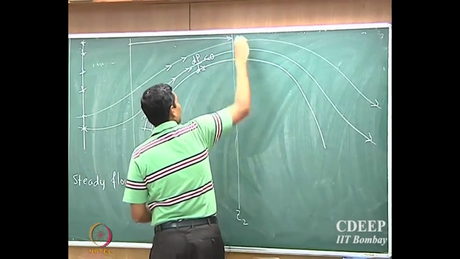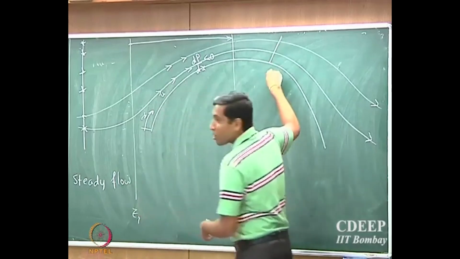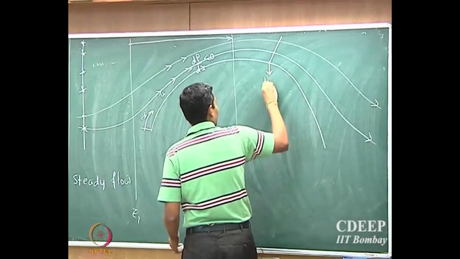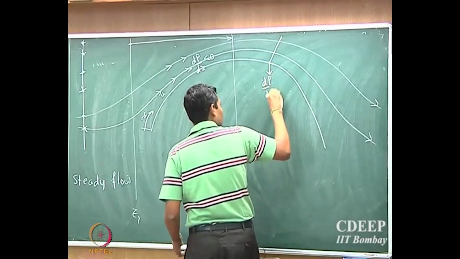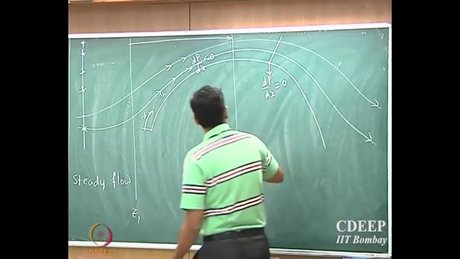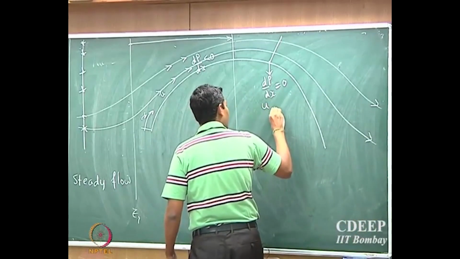So at some location, let's say at this location, though it's not always at this location, the pressure gradient will go to 0. So that results in the maximum velocity.